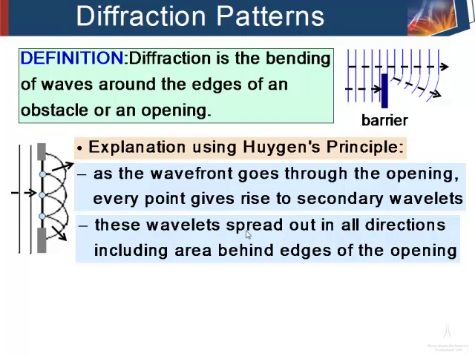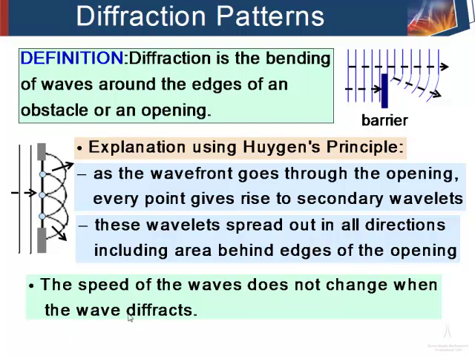These wavelets spread out in all directions, and this also includes the area behind the edges of the opening, and this is why we have the diffraction pattern that is often observed. Please note that the speed of the waves does not change when the wave diffracts.